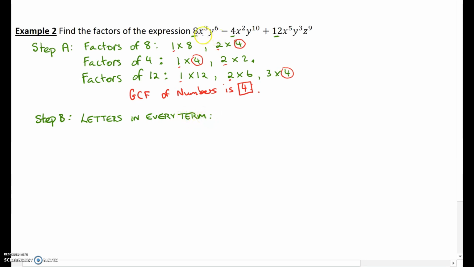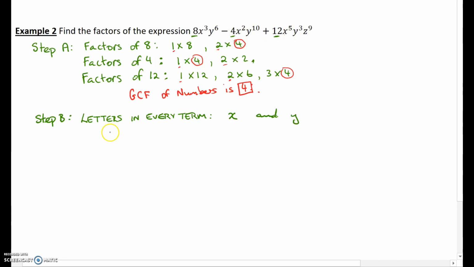Well, there's an X, an X, and an X, so X appears everywhere, and there's a Y, and a Y. A Y appears everywhere. Now there is also a Z in the last term, but since it's not in all 3 terms, you don't include the Z here. We'll work with it later on, but you don't include it here. In step B, we're only interested in the letters that appear in each of the terms.